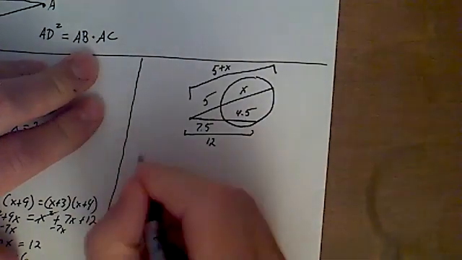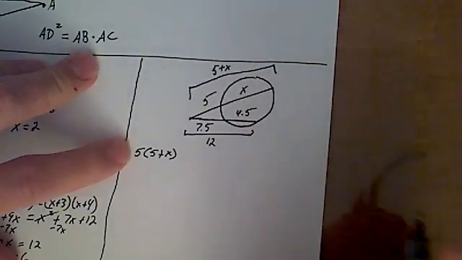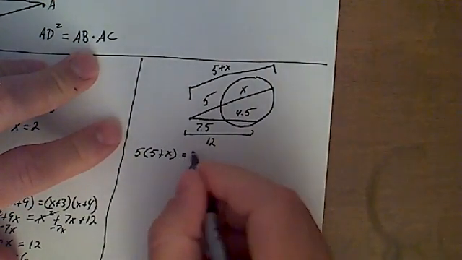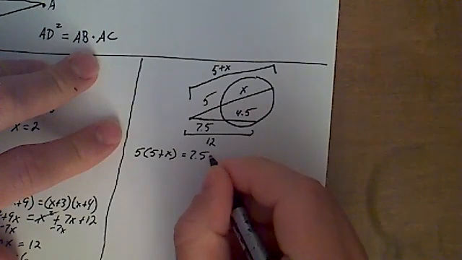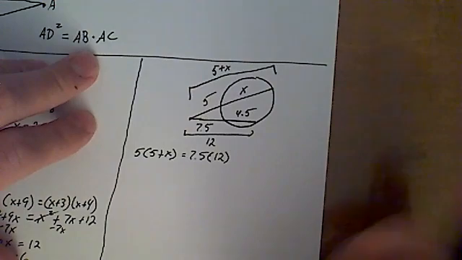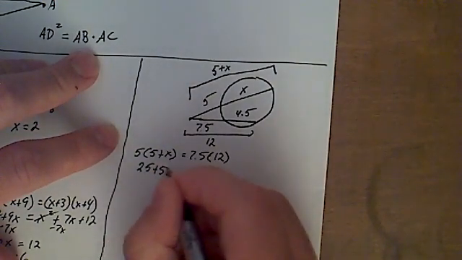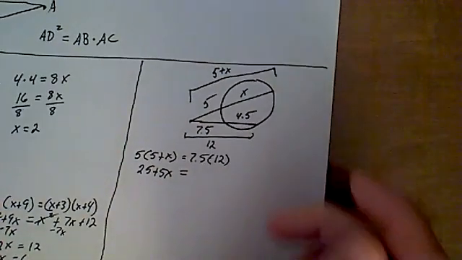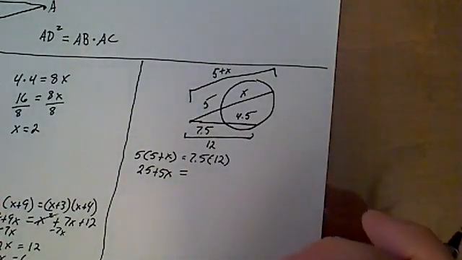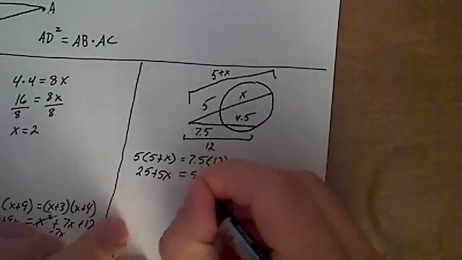So we get 5 times 5 plus X equals 7.5 times the whole, which is 12. 25 plus 5X is 7.5 times 12, which is 90.